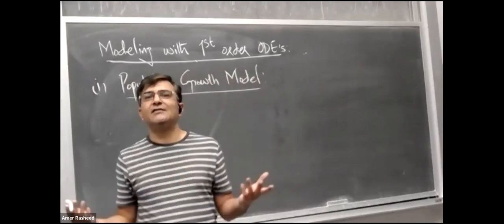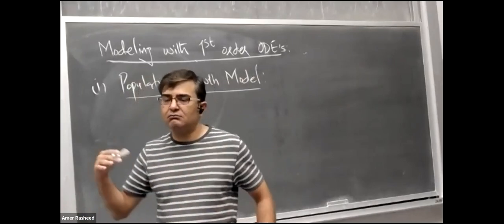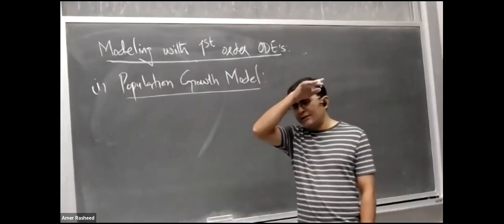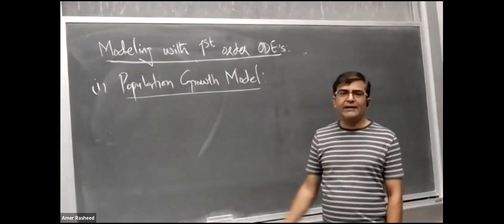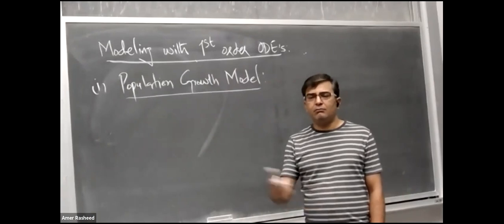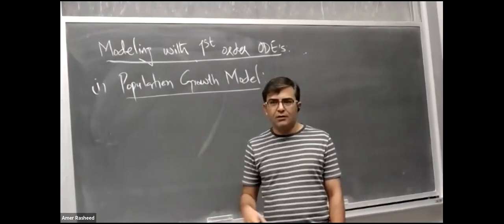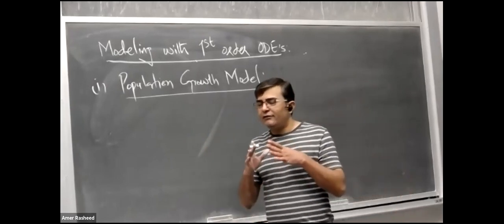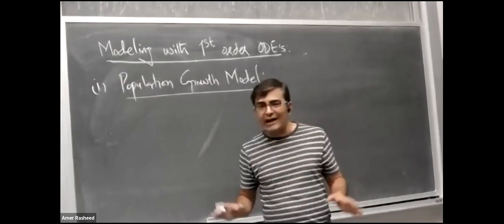There's no death. We are not considering death of the bacteria at the initial state right now. We'll discuss the more possibilities later on. We will expand the model by incorporating deaths of the bacteria or any other thing. For example, you can take the population of Lahore, maybe, or Pakistan. You can model it. But first, we are assuming that people are not dying.